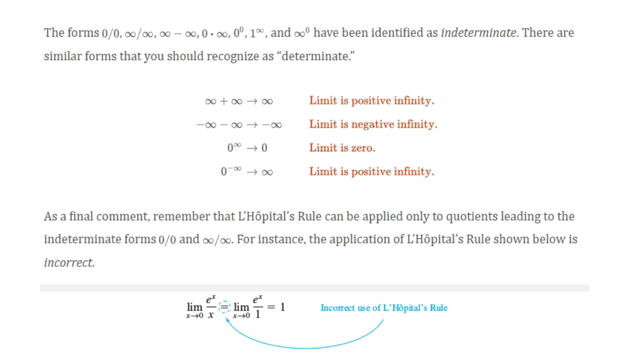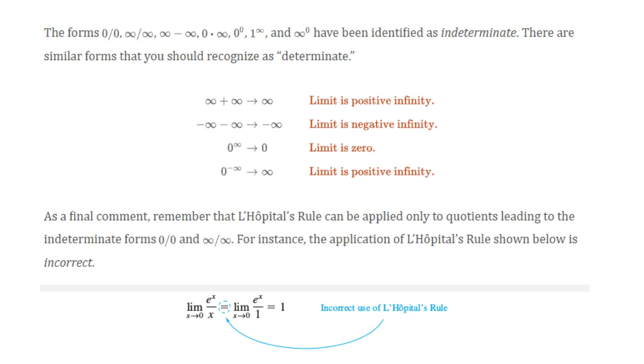Let's also remember these last three that have exponents. We let y equal our original limit, and then we take the natural log of both sides so that we get the exponent to come down to the base level. Then we do a little algebra manipulation. If we can reach one of these two formats, then we use L'Hopital's rule.